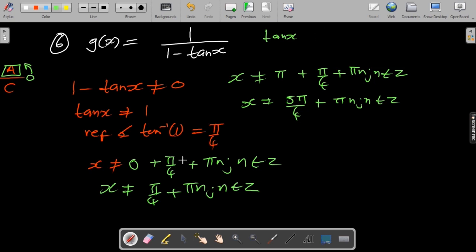And it should be enough to just say that this would be another place where you don't want your x to be. So this should be sufficient. You know that you have an asymptote there, and if you substitute any n over there, then it should make tan undefined, and we don't want that.